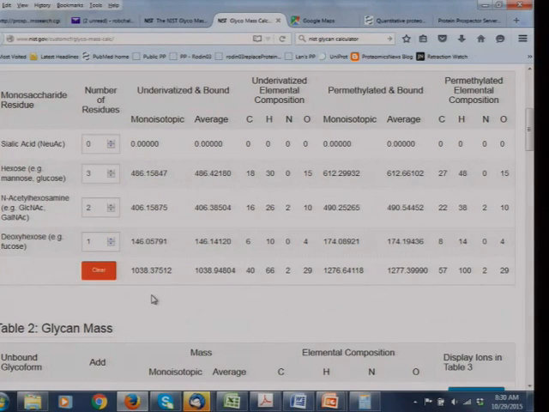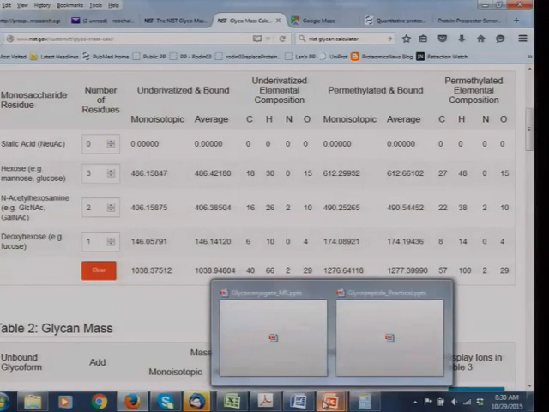Somewhere we've lost one mass unit. It should be 1038. Why is that? This is 204 less than we had before because we've got rid of the one N-acetyl hexosamine. So this should be the sugar composition for that particular peptide.